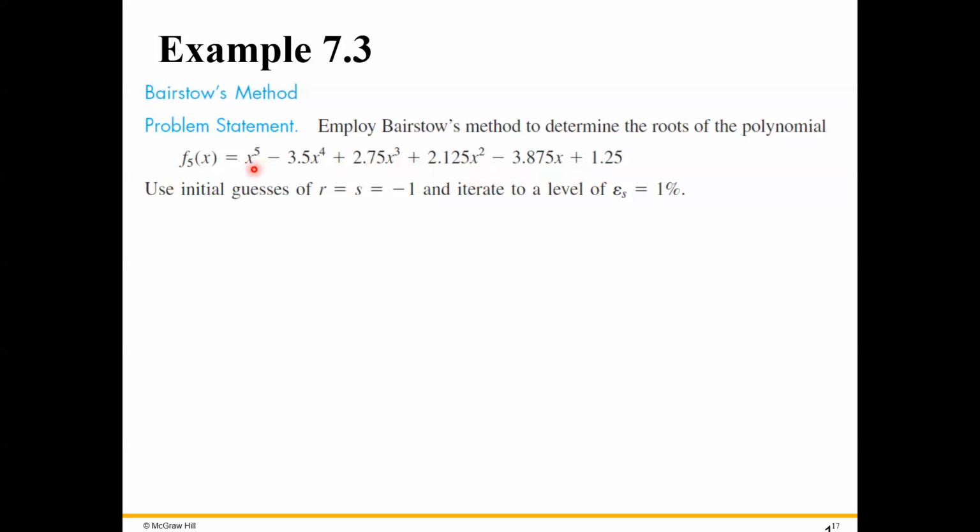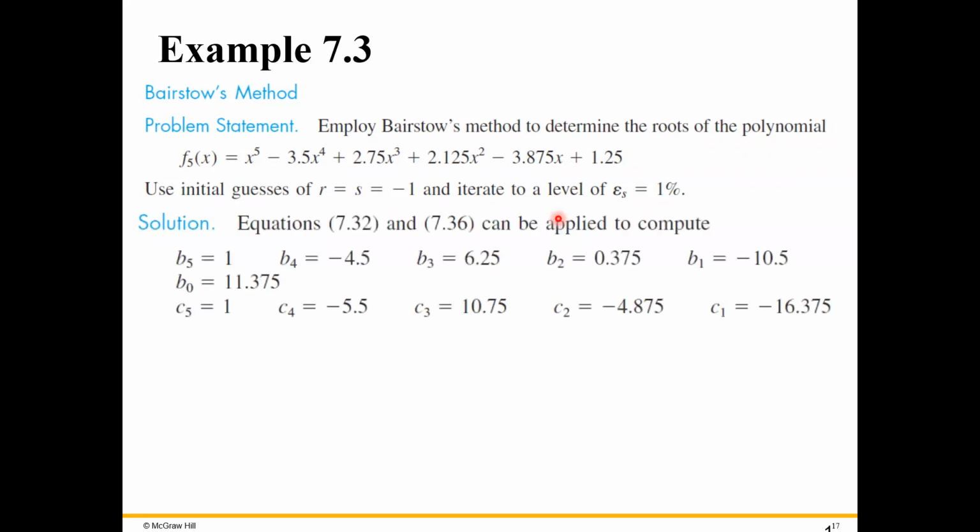This is the polynomial which is given, and you can use any values of r and s. In this case, the initial guesses are r equal to -1 and s equal to -1, and the stopping error is 1%.